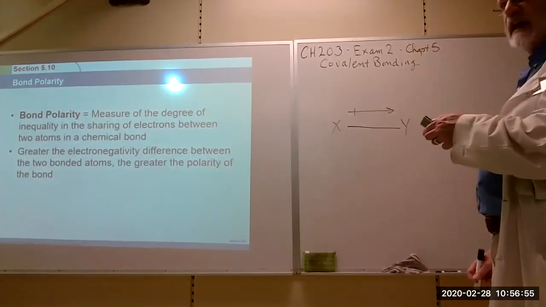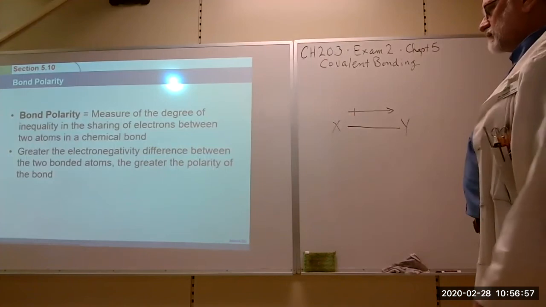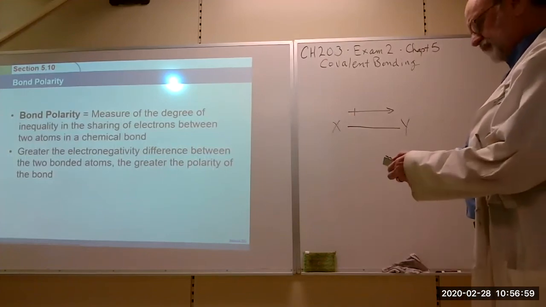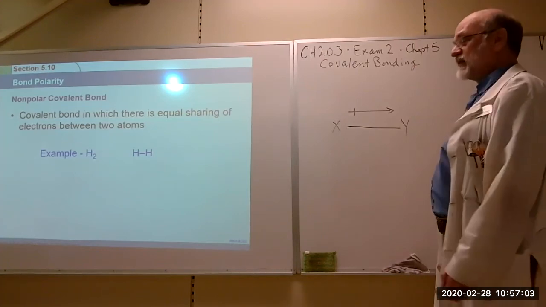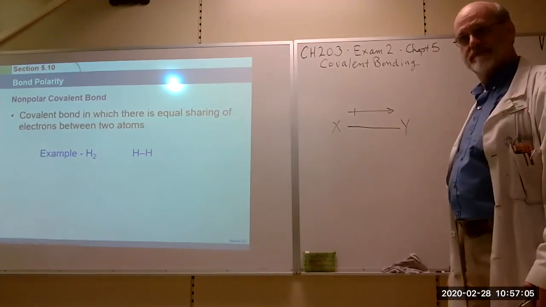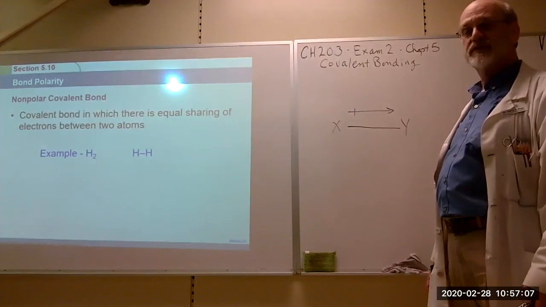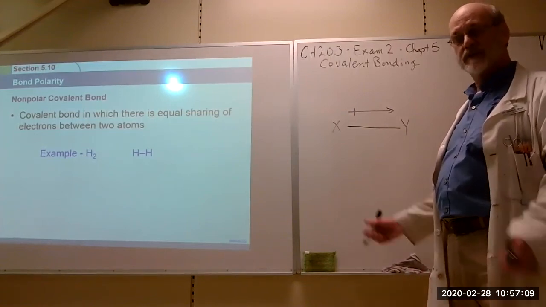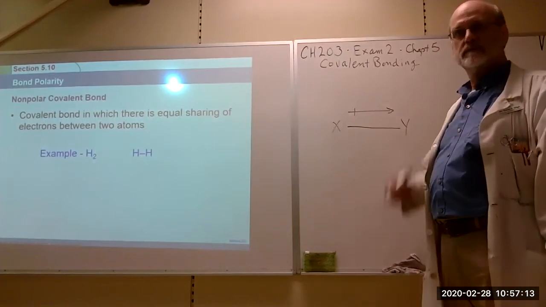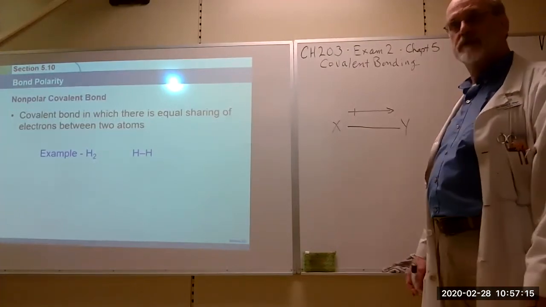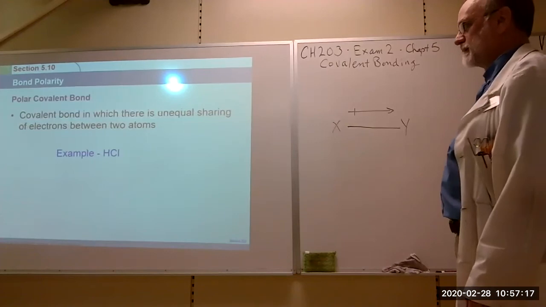And that's known as a dipole. Now, obviously, if you have the same element bonded to one of its own kind, that's nonpolar. There's no other substitute. That has to be.